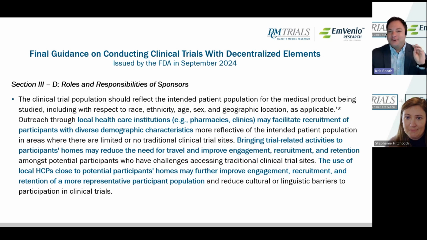Because retention in here is just as important as recruitment. And everybody likes to talk about recruiting patients and diversity, and we have these recruitment numbers. But some of the biggest problems that you witness in the industry when it comes to marginalized populations, when it comes to research naive participants, is not simply the recruitment, it's the longevity of their work inside of that trial and whether they're willing to stay on for the entirety of it.